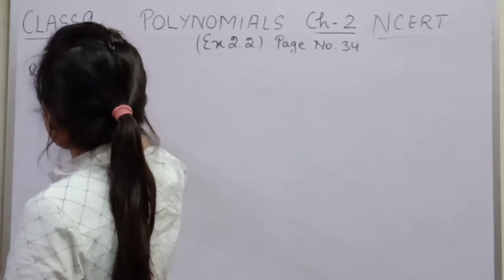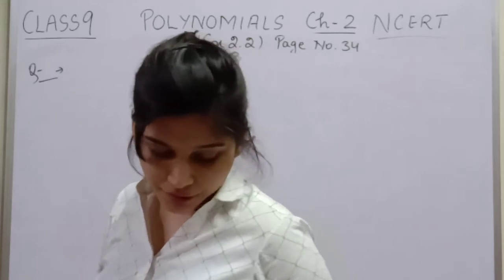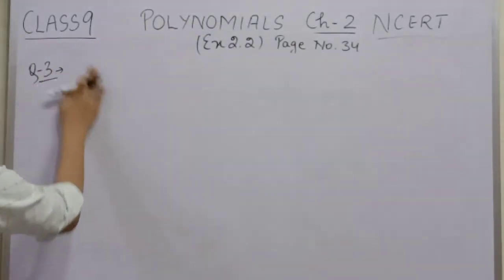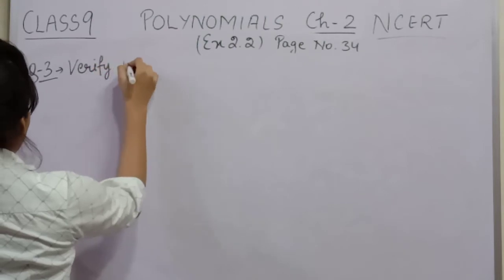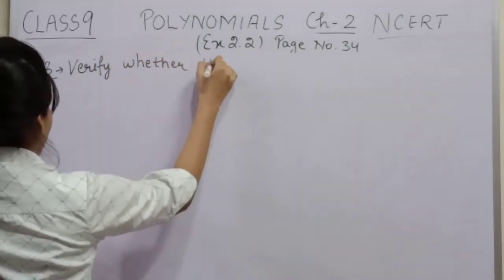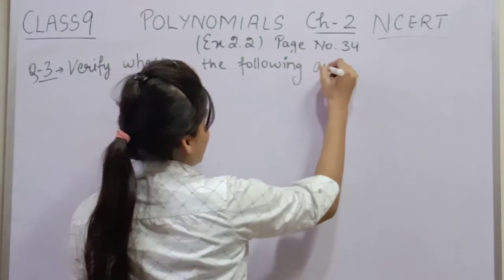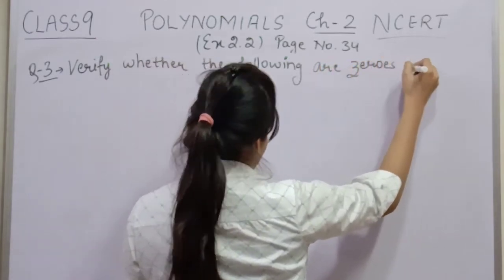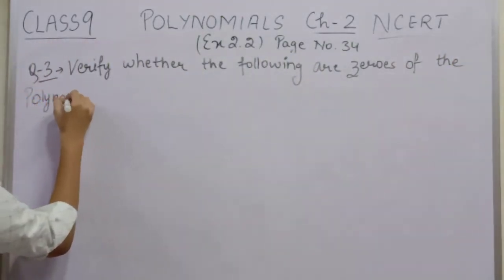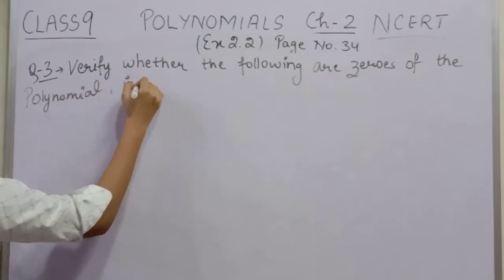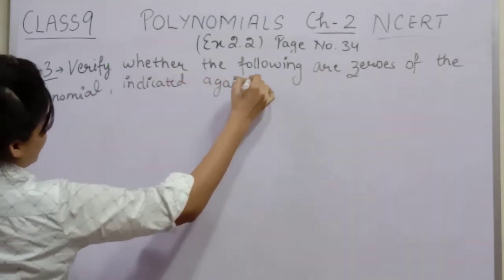Exercise 2.2 question number 3. Exercise 2.2 question number 3 says: verify whether the following are zeros of the polynomial indicated against them.